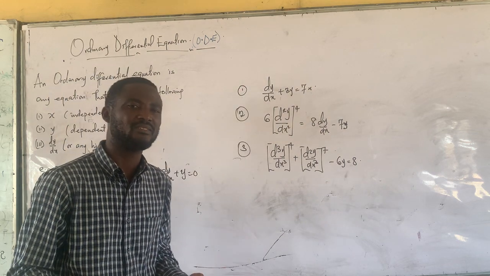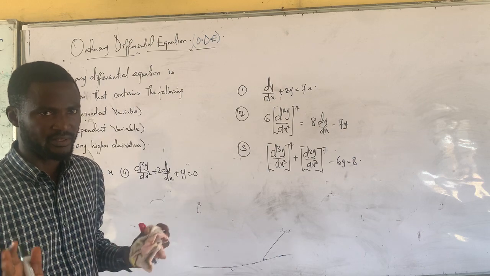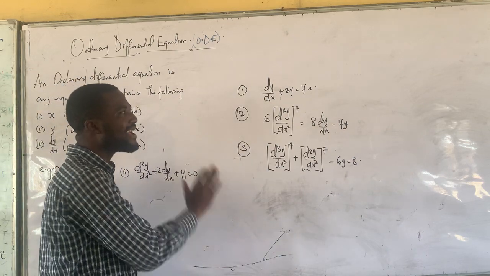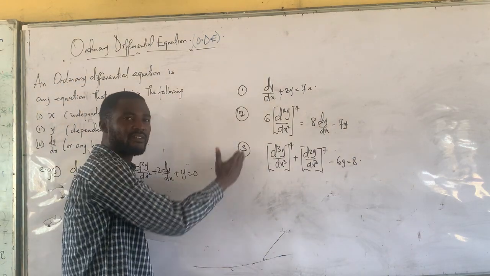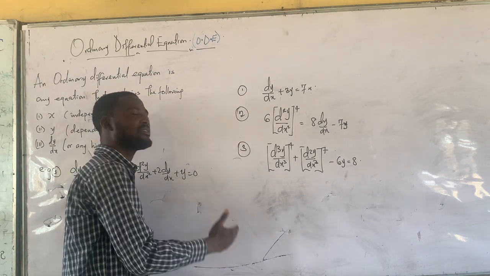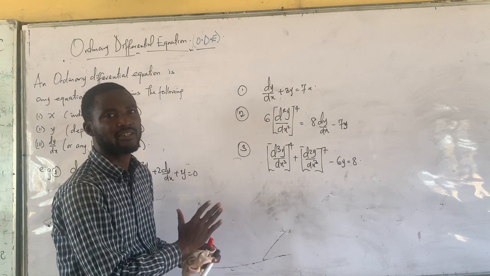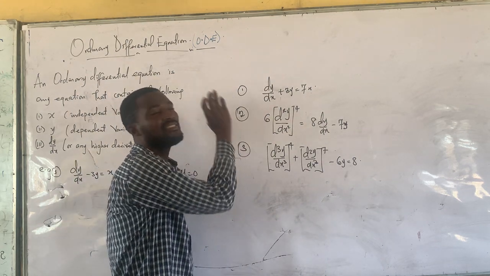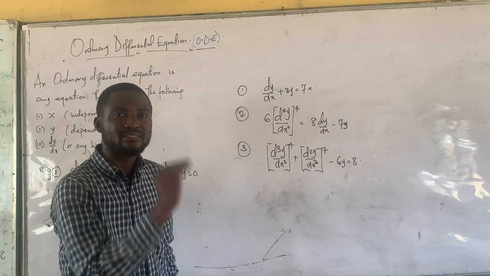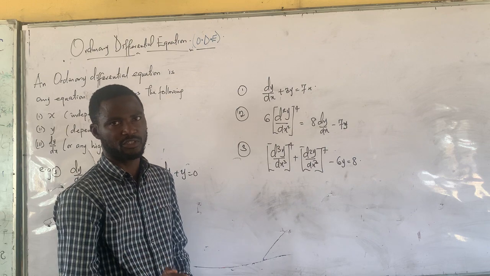Or exactly, what is the order of a differential equation? If you are given any differential equation and you are asked to find the order of that differential equation, the order of any differential equation is the highest derivative present in that differential equation.